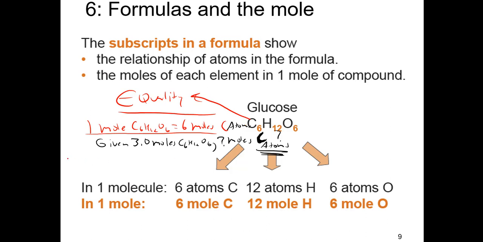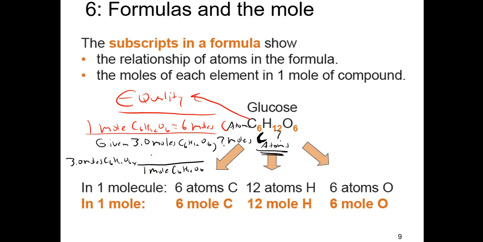So let's go ahead and set up our problem. We have our starting value, 3.0 moles of C6H12O6. We have our conversion factor. Moles of the C6H12O6, or glucose, go on the bottom because that way it cross cancels.